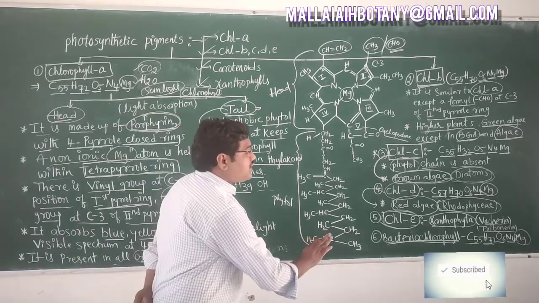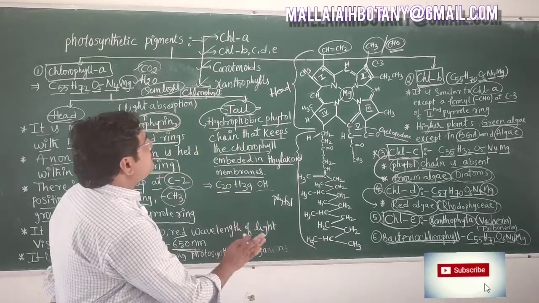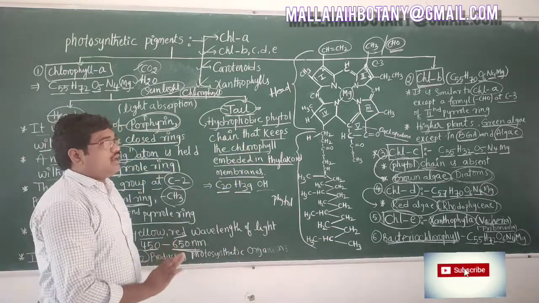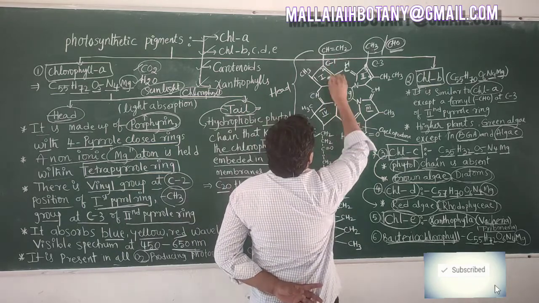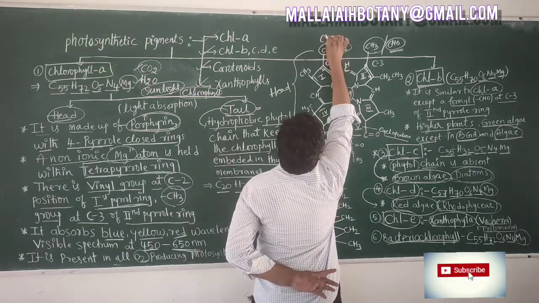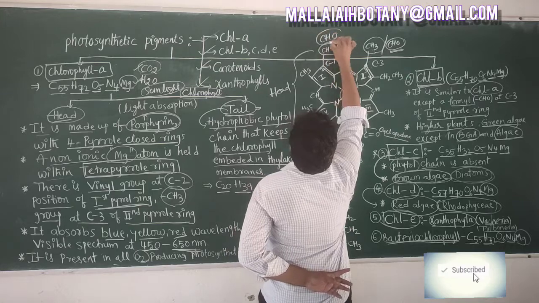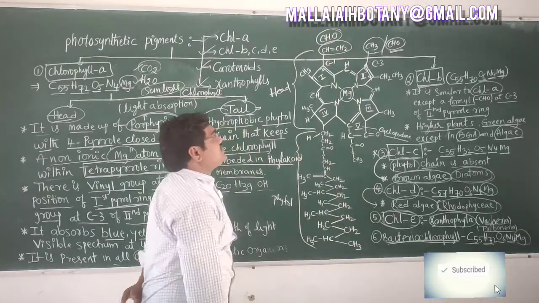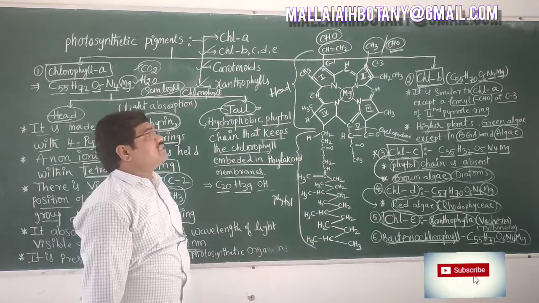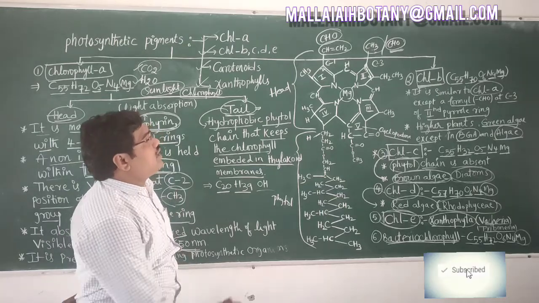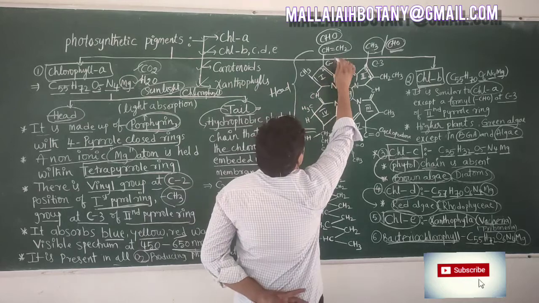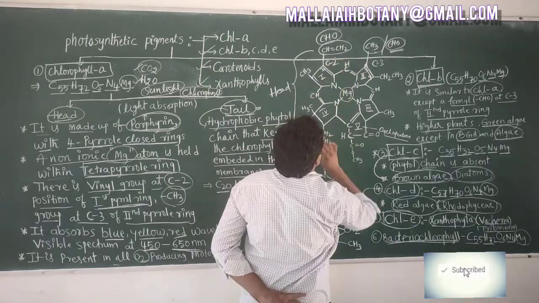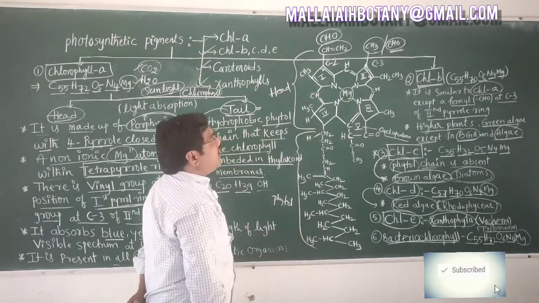Bacteriochlorophyll is similar to chlorophyll A, except that the second carbon of the first pyrrole ring contains acetaldehyde. That is, carbon position 2 of the first pyrrole ring contains acetaldehyde.